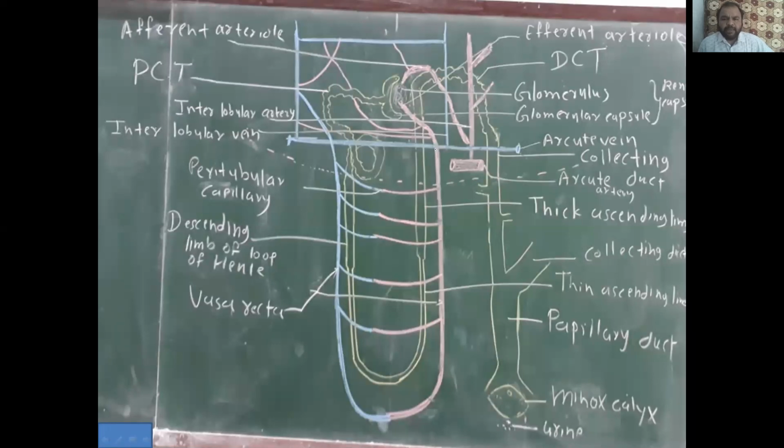These are the blood supply. Same thing: collecting duct, many collecting ducts unite to form papillary duct. Then you have minor calyx, and then the urine. So you need to draw such a diagram in your book also. It will be your homework to draw this diagram.